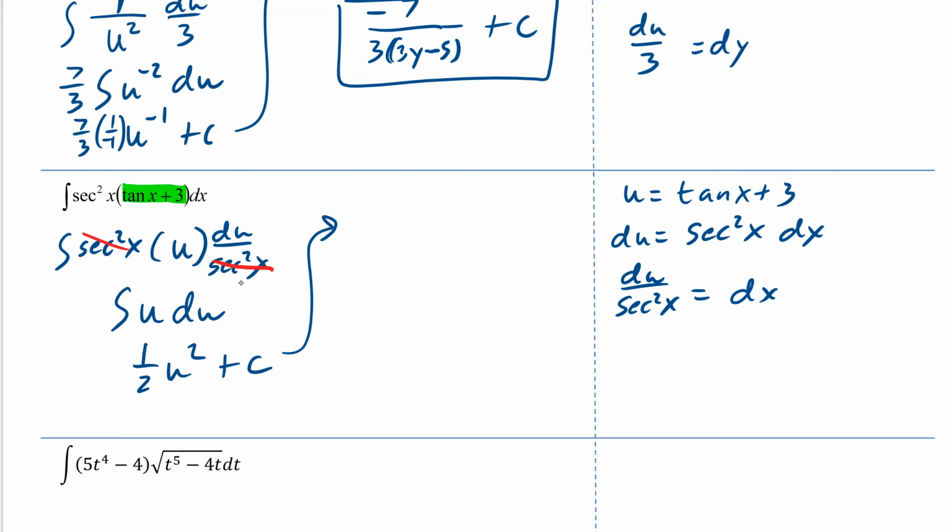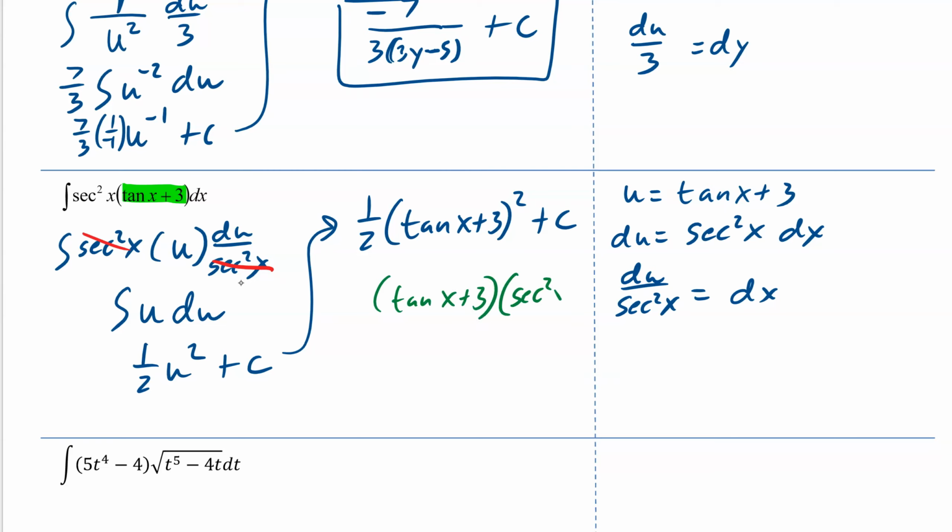Plugging it in, we get 1/2, and now we can plug in the tangent x plus 3 squared plus c, and we check. So the 2 cancels the half, that's perfect. So we get tangent x plus 3, and then the derivative of the inside would be secant squared x. And there you have it. That's a check. And then we erase it. Everything's good.